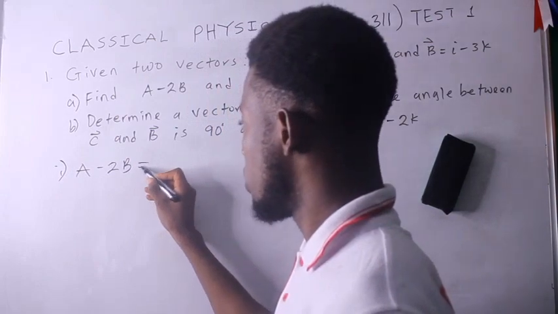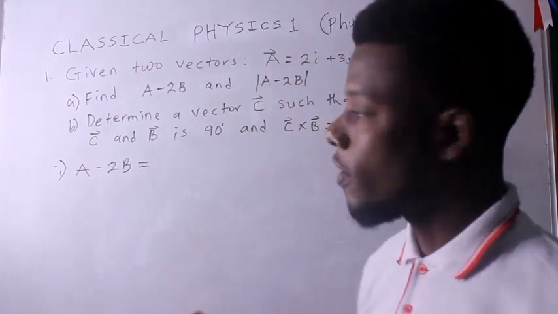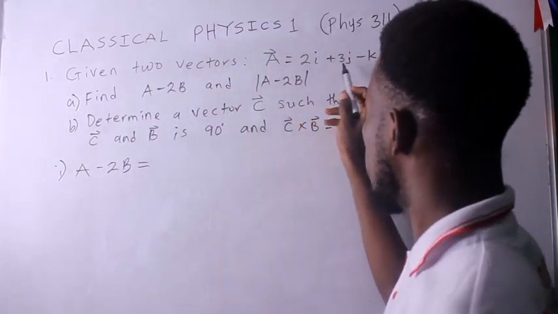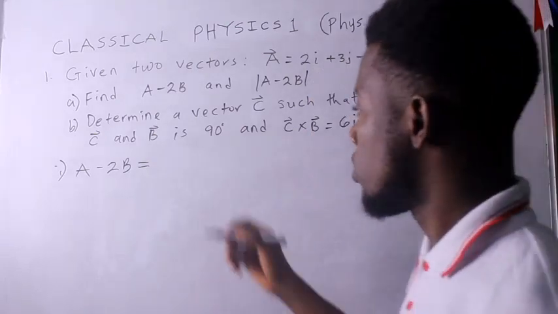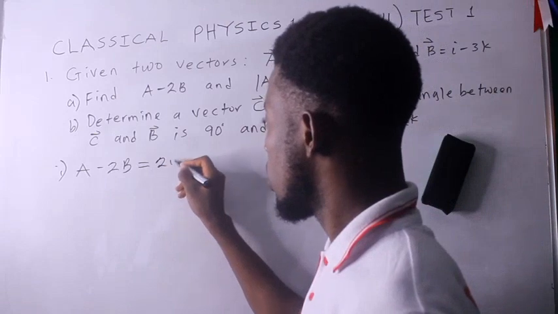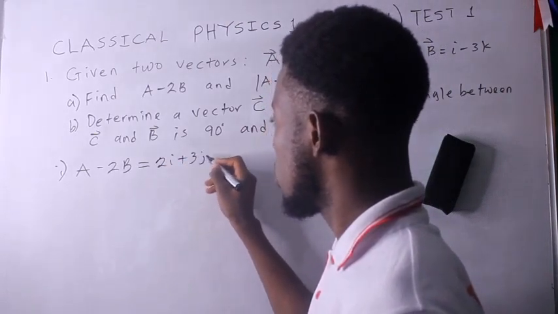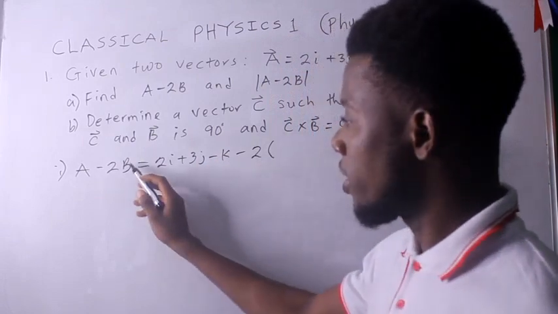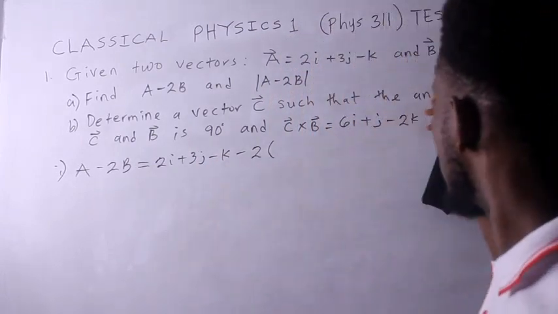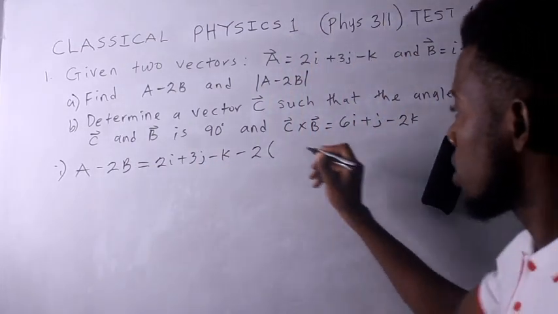So A minus 2B is equal to, what is A? A is 2r plus 3j minus k. And then minus 2 multiplied by B. And B is r minus 3k.